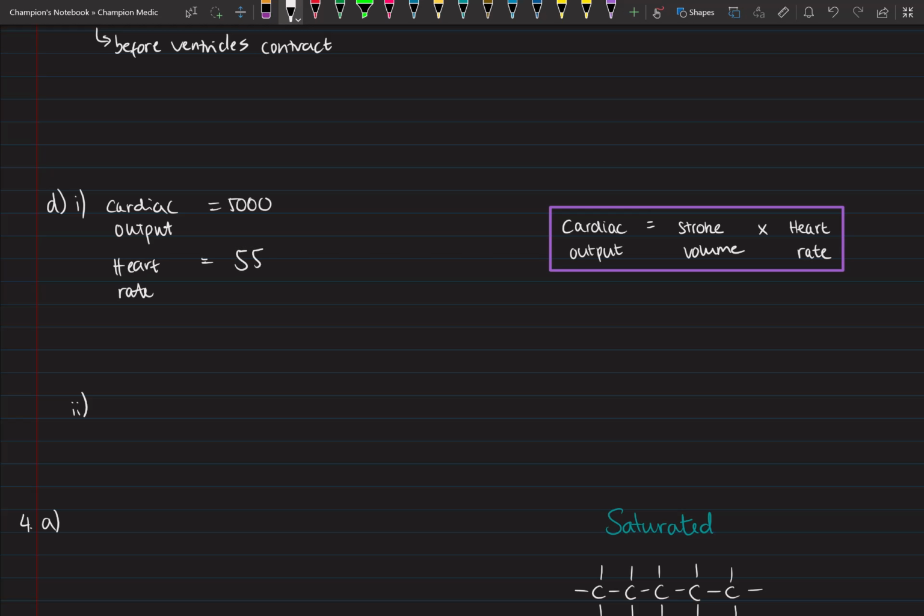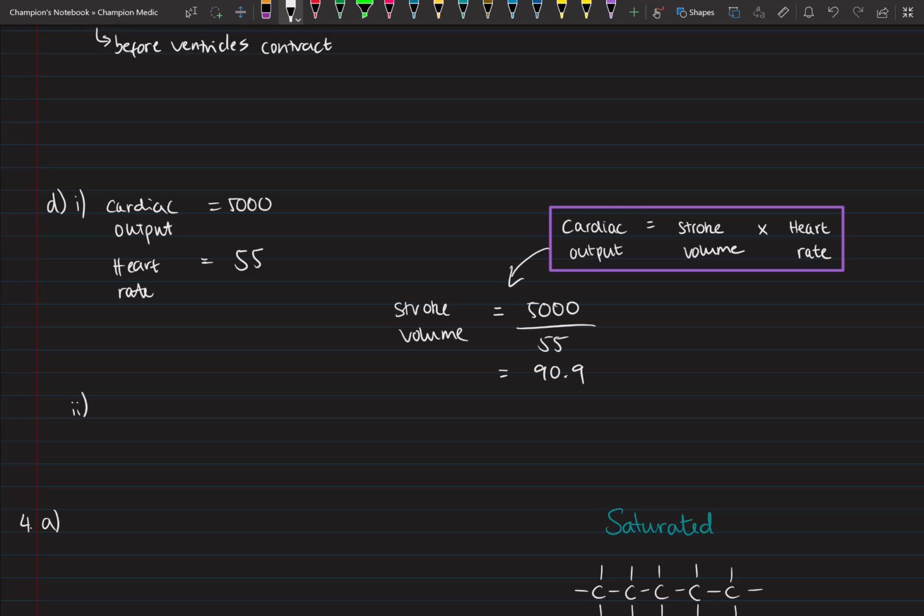So we just use this equation and rearrange to get stroke volume equals cardiac output over heart rate, which gives you a value of 91, I believe. Yeah, 90.9 or 91. We'll just put 90.9.